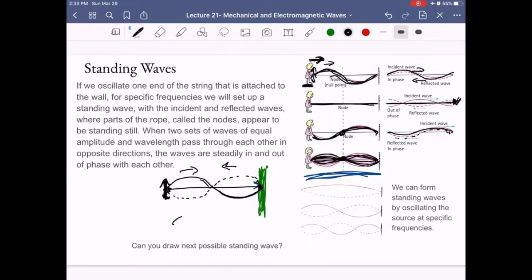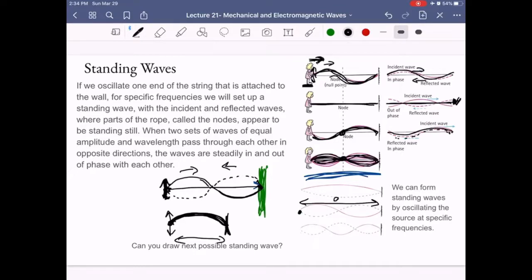So remember, the fundamental frequency was when we picked the perfect wavelength or frequency for the oscillation of the end of this rope. That wavelength was about double the distance between me and the wall, and this worked if this wavelength is exactly equal to the distance from me to the wall.